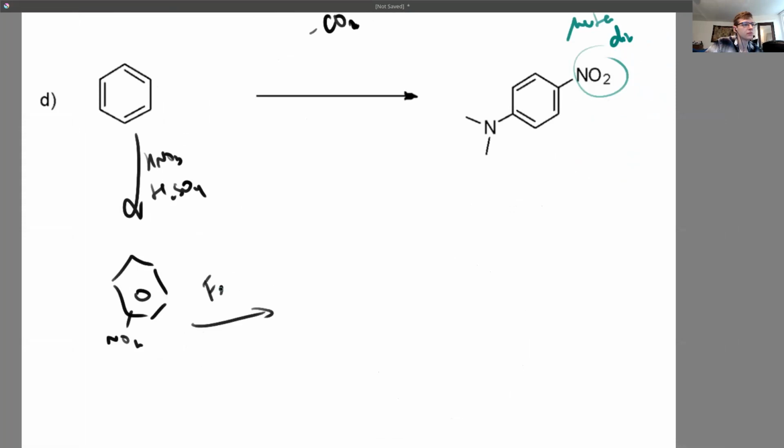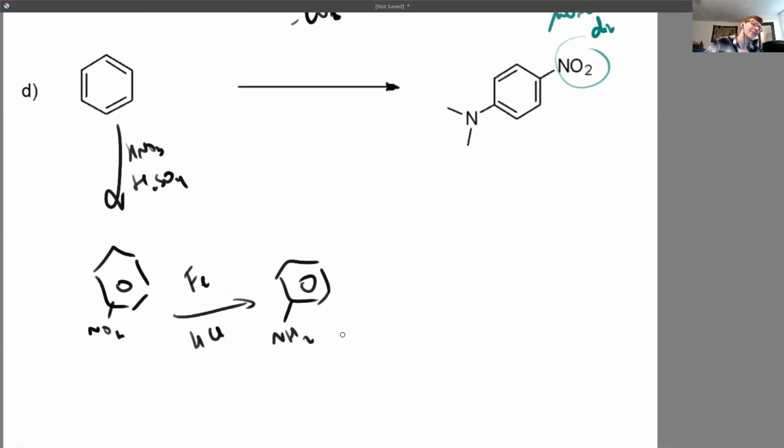And then we can add methyl iodide or whatever to put the two methyl groups on. So methyl iodide isn't great because it'll add 3 methyls, but okay, whatever. 2 times reductive amination.